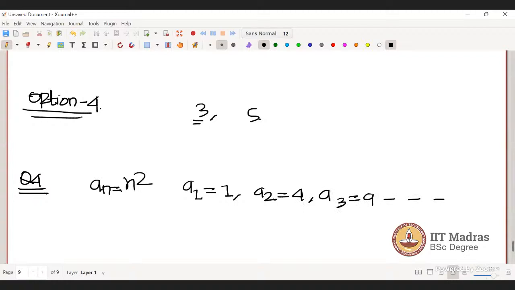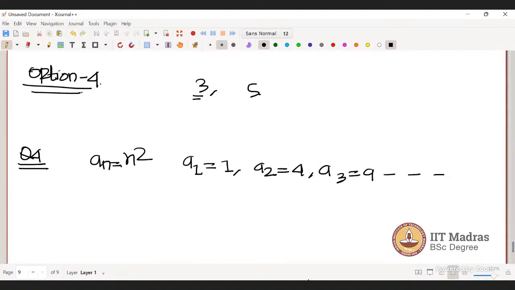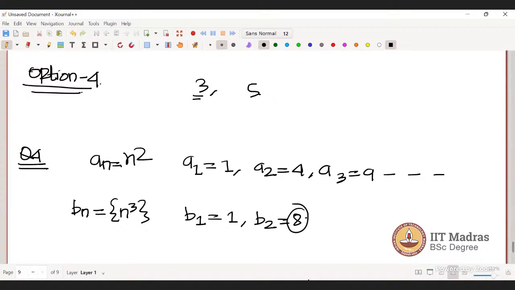If you take the sequence b_n, which is basically let's say n cube, then b1 is 1, so this is fine. b2 is 8. Certainly 8 is not there in the original sequence, right? So then certainly it cannot be a subsequence.